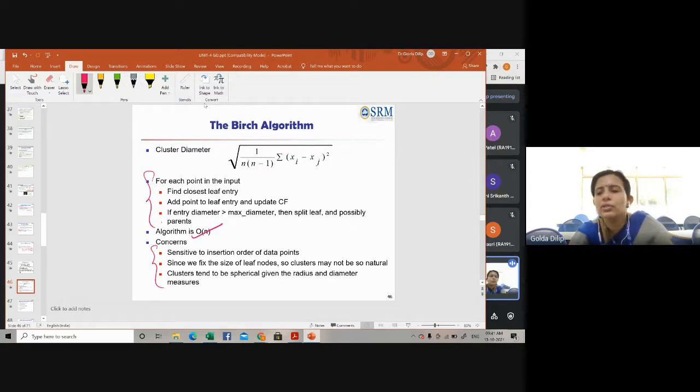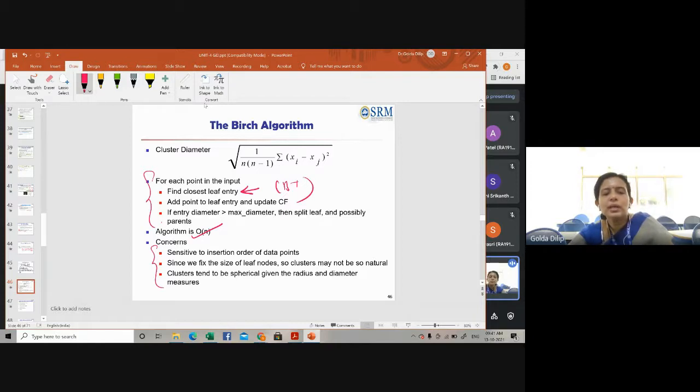This is what I just told you regarding what happens in the CF tree. The CF tree is dynamically built as the objects are getting inserted. Objects get inserted into the closest leaf entry, just like your B plus tree, and the leaf node will be the cluster.